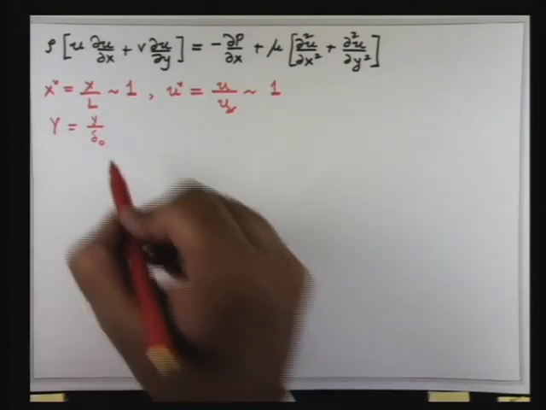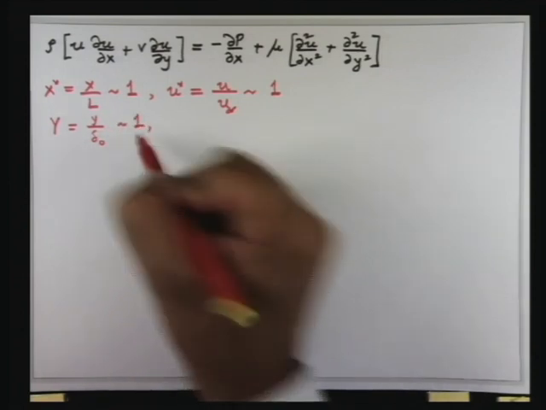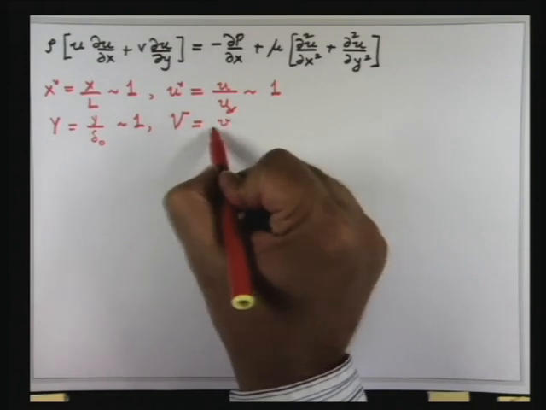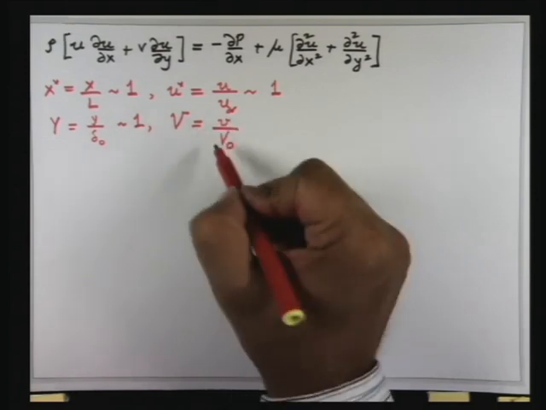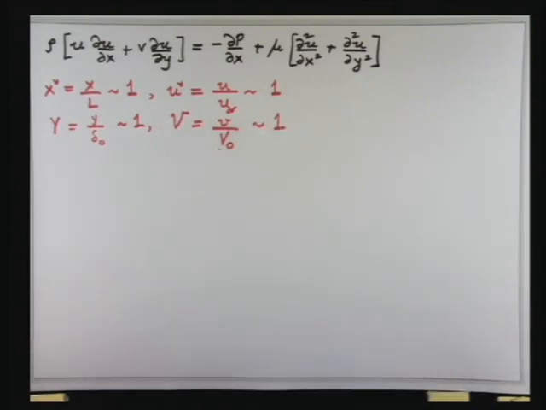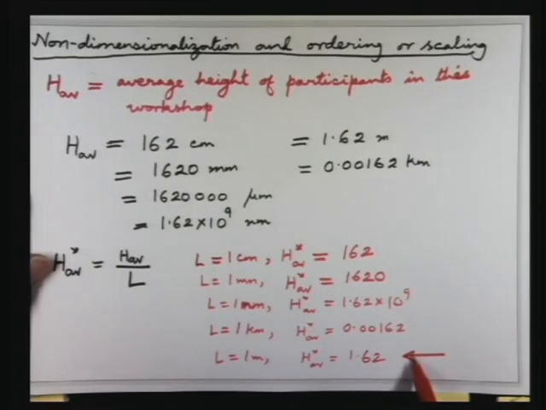But if y is order delta naught, then capital Y is order 1. Similarly, we said let capital V be the dimensional v by some V naught, and I choose this scale so that it is order 1.